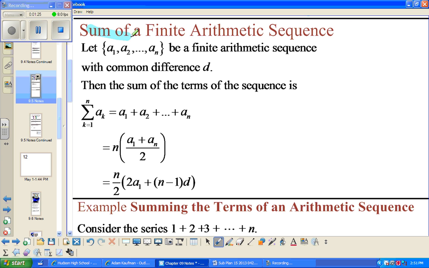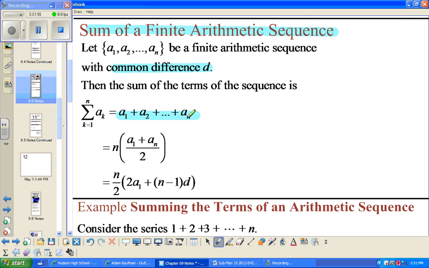The sum of a finite arithmetic sequence with a common difference d can be found in the following way. If you have the terms of the sequence written out, so you have the first term, second term, and all the terms up to the nth term, you know it's a finite arithmetic sequence because there's an n term.